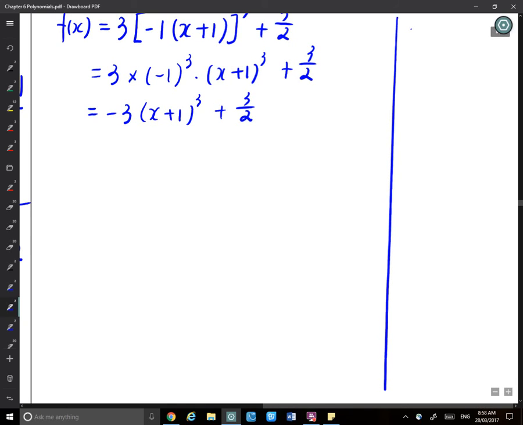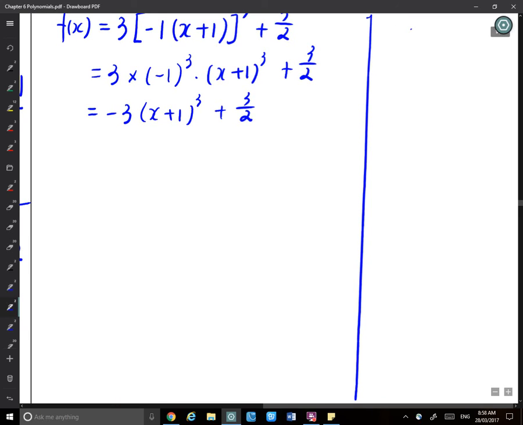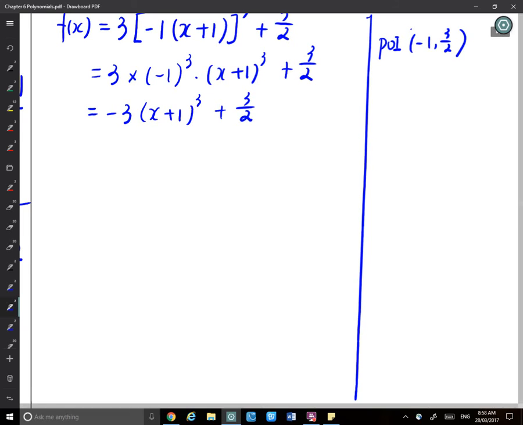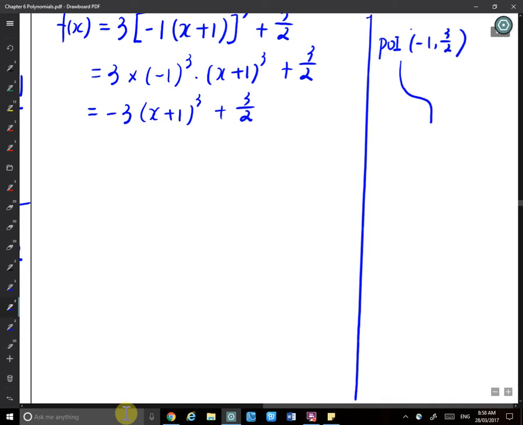So what's the point of inflection? Yeah, the point of inflection is (negative 1, 3 over 2). Is that a positive shape or a negative shape? Negative. So some shape like that. We want to find the y-intercept maybe first.